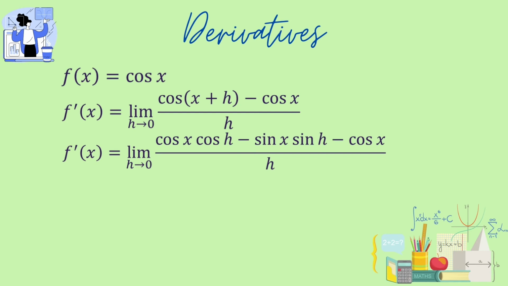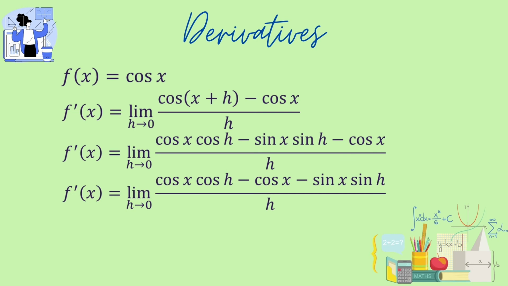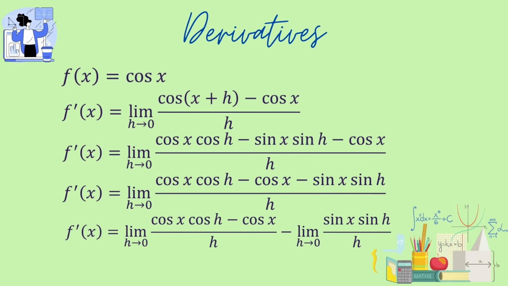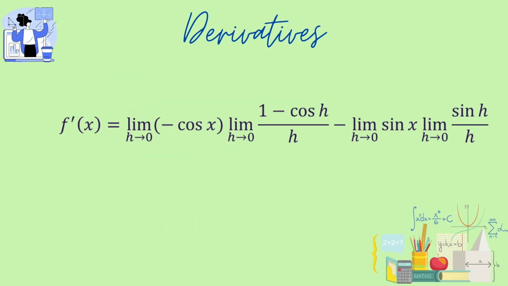We can rewrite the terms in the numerator and group those with the term cosine x and apply the limit law for difference of two functions. Factoring out negative cosine x and applying the limit law for product of functions, it results to the limit of familiar trigonometric functions.